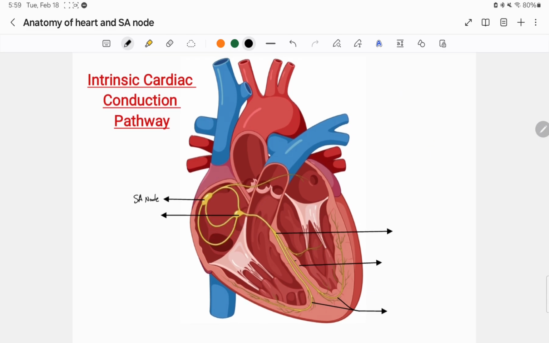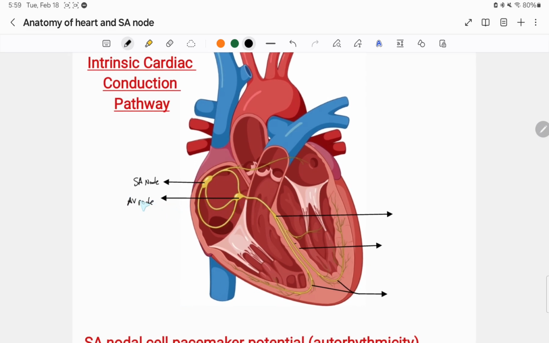The next thing in the pathway is called the AV node. Okay, the AV node is another pacemaker cell, but we'll come to see that it does not actually set the pace for the heart. Again, we'll talk about this in a second. From the AV node, this special kind of bundle branches and branches all the way to the interventricular septum.